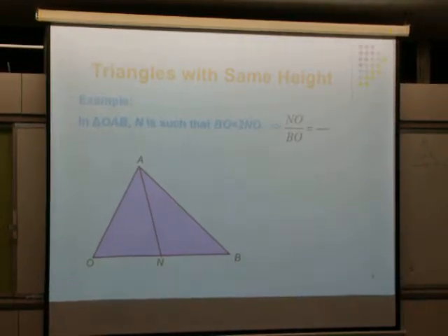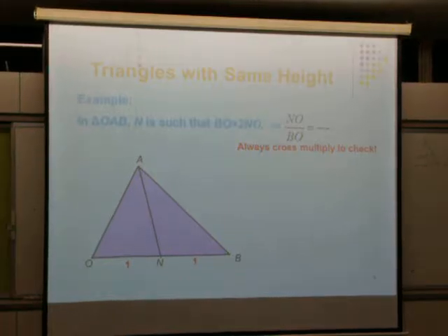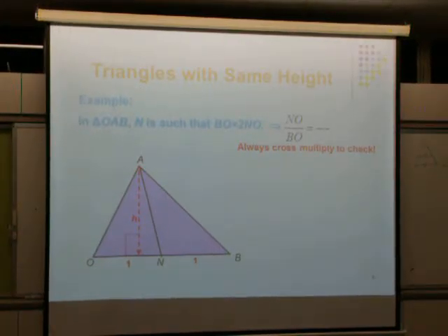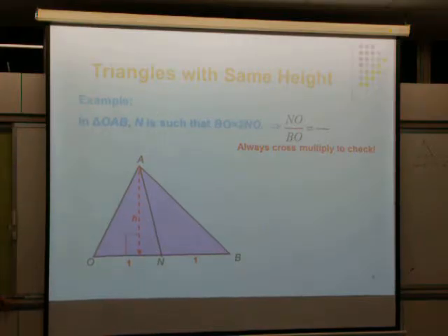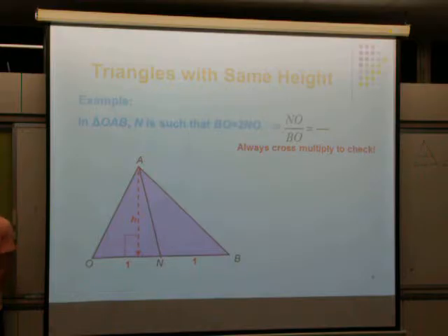Okay, first thing, you need to know the base ratio. If this is 1, 1, can you see that this is the perpendicular height? All can see? What's the area of a triangle? Half times base times height.